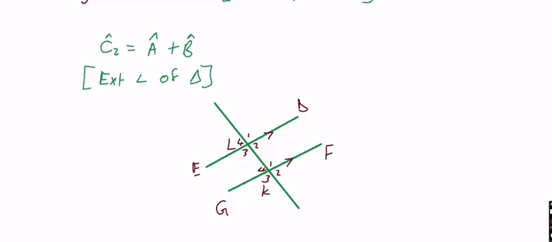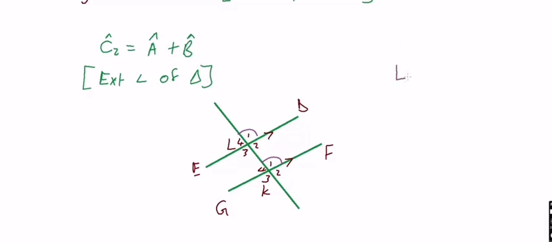Okay, so you know all the necessary theorems that involve parallel lines. So for instance, I'll just choose a few. For instance, we've got corresponding angles. So I would say my L1 will be equal to K1. They are corresponding, they look quite alike.